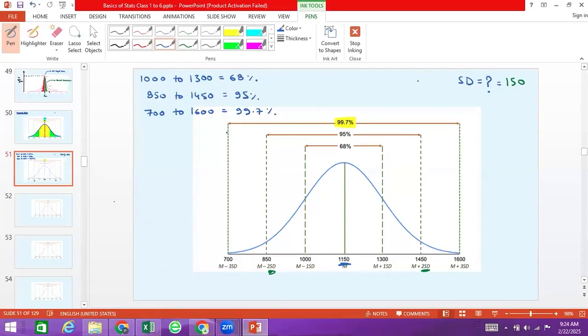99.7% of the values. But if someone asks you, what if I want to cover 100% of the values? What should be the range here? Then theoretically, it is from minus infinity to infinity. In this distribution, we are not restricting any individual value.